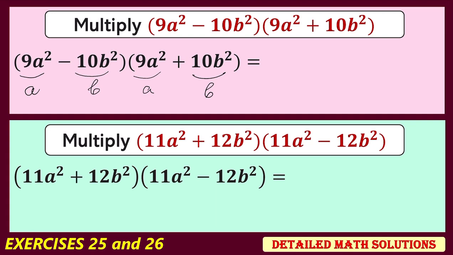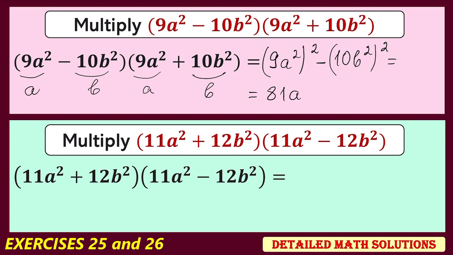This way, when I apply the formula, this equals 9a squared in parentheses squared minus 10b squared in parentheses squared. This equals 81a to the fourth power minus 100b to the fourth power.